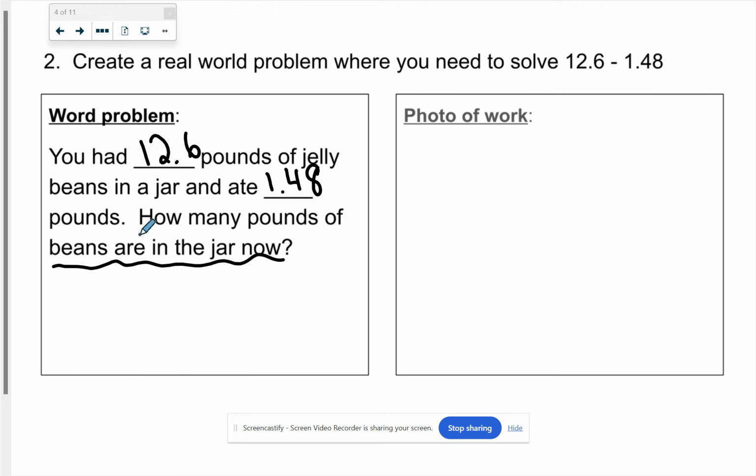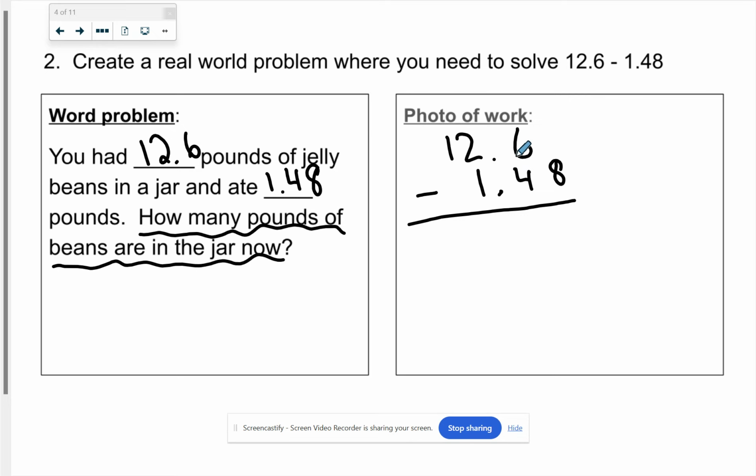And remember, when we are eating the jelly beans, we're subtracting out the pounds from the jar. Just like with adding, we need to line up our place values. So, decimal point here, 1 and 48/100ths below. Double check that the tenths place is on top of the tenths place. 6/10ths and 4/10ths are lined up together. Since there is nothing above the 8, we're going to put an invisible 0 again.